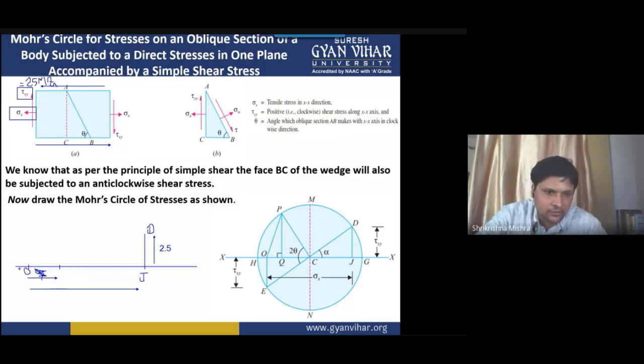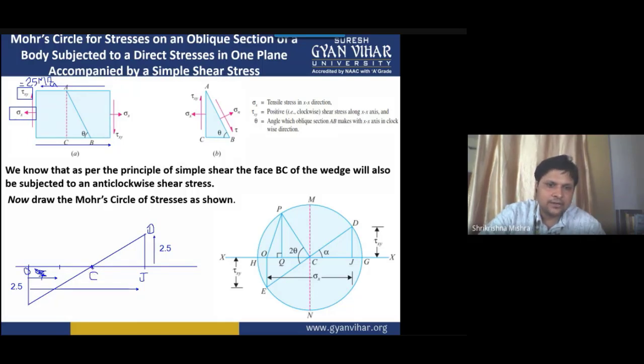So at this point O, we will draw a line downwards of the same length, 2.5. Now students, we will join these 2 points. This will give us the center C on OJ.